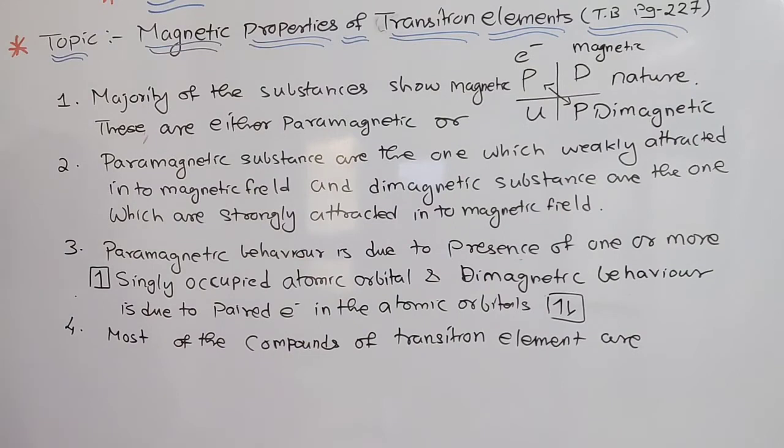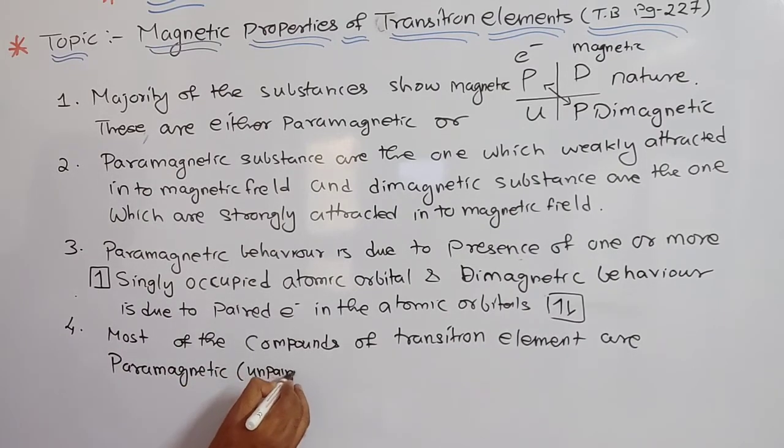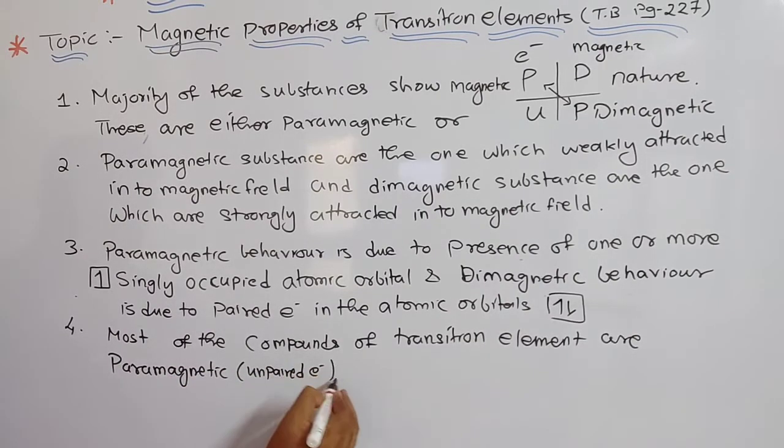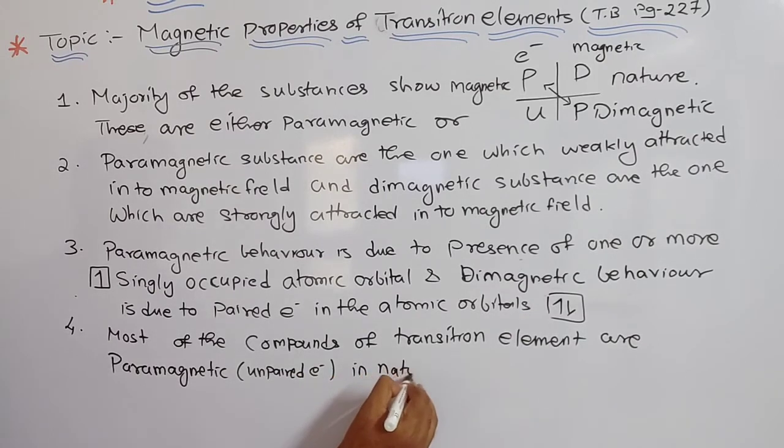Then only it is called a transition element. Most of them are paramagnetic in nature. The reason is unpaired electrons. So that's why they show paramagnetic properties. Understood?